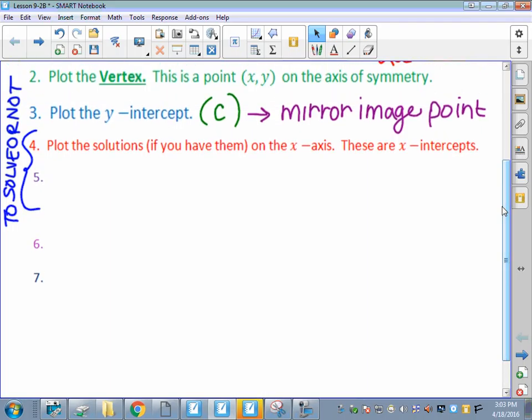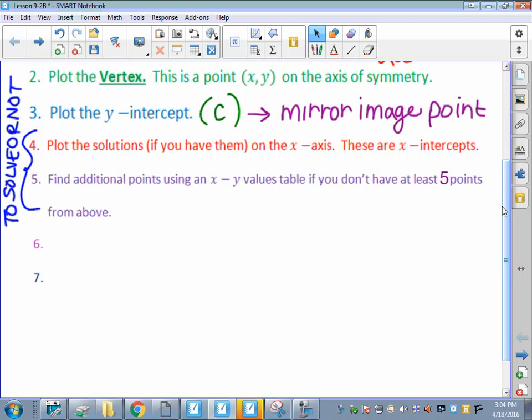Your alternative, instead of solving, plotting the solutions as the x-intercepts, is to use an xy value table. I want you to have 5 points, put the vertex in the middle, count 2 up and 2 down, and plug those into the inequality. Treat it like an equation to get those values.